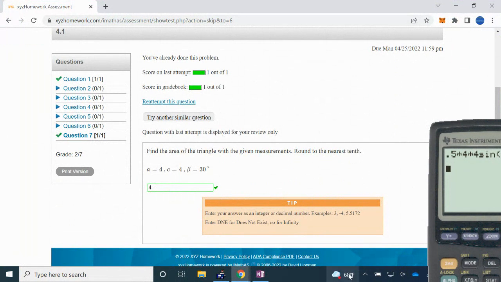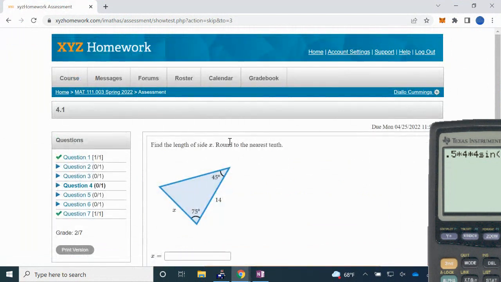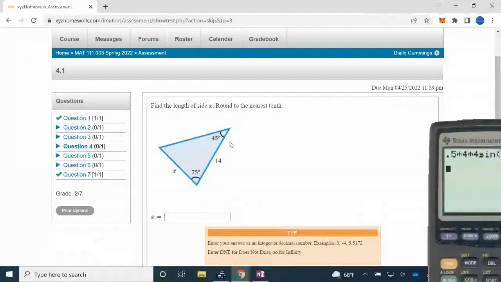All right. And then lastly, I would like for you to do problem number 4. It says find the length of side x, round to the nearest 10th. So I'll give you all 5 minutes or so.